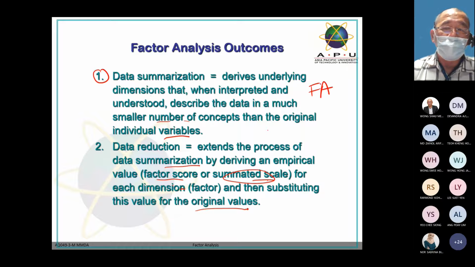This is more like what we are doing now. This is more like PCA, but actually we can do both in factor analysis. That's why I say PCA and factor analysis are quite similar, not too different. If no problem, we see next. You can get the factor score and also the summated scale from the output.